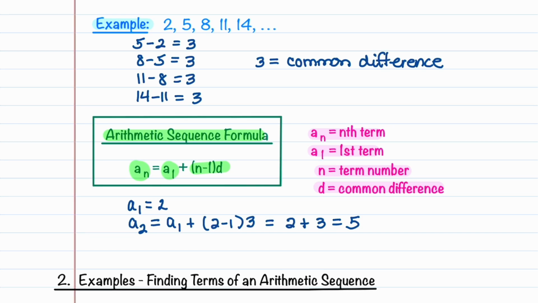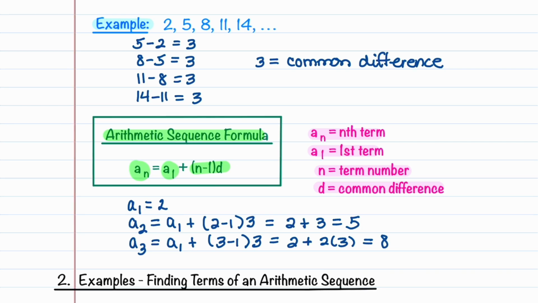Let's do one more so you can really see how this works. a3 is going to be a1 plus n, which is now 3, so we have 3 minus 1 times our common difference, which is 3. We plug in a1 is 2, so we have 2 plus 2 times 3, so that's 2 plus 6 gives us 8.